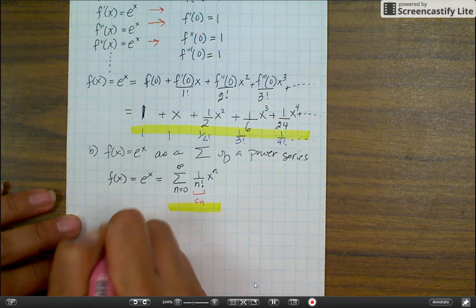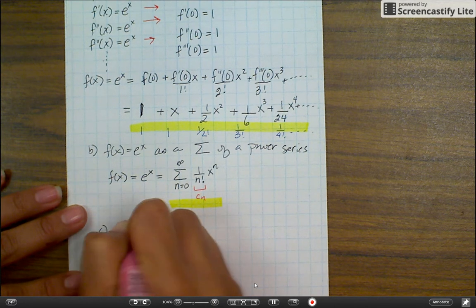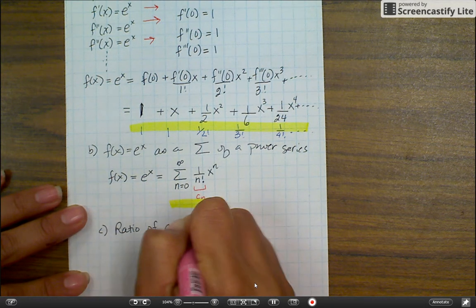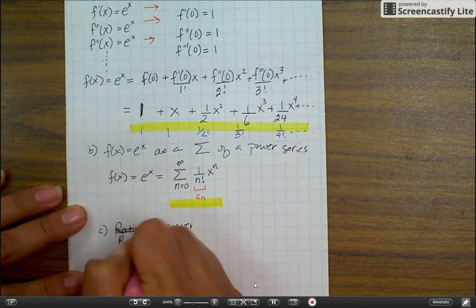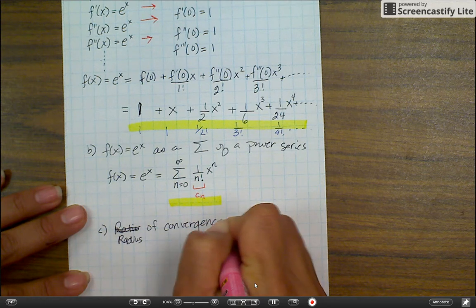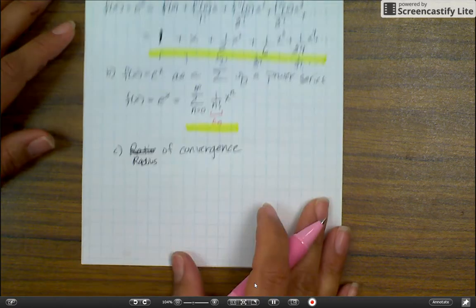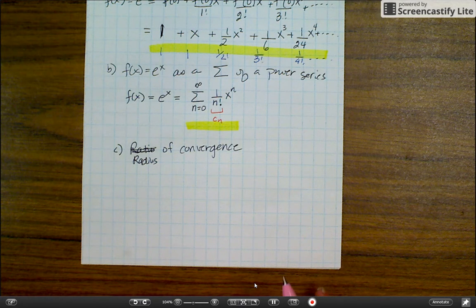Okay. Let's do a part C. Let's find the radius of convergence. So in this situation, we would do the ratio test, right?